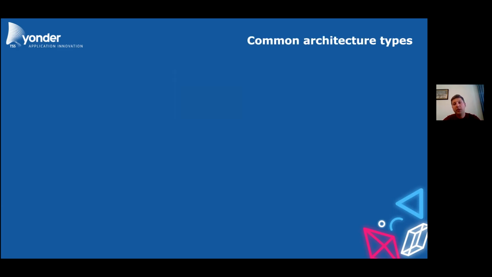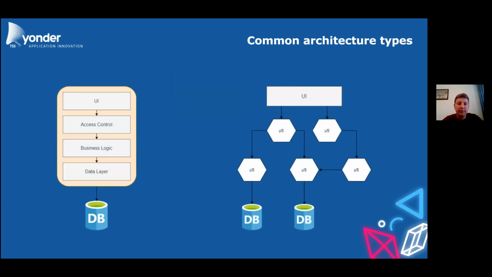The two most common architecture types for software applications today are a monolith, where you have a big application containing all the data, all the business, and also the UI. So it's a single application.